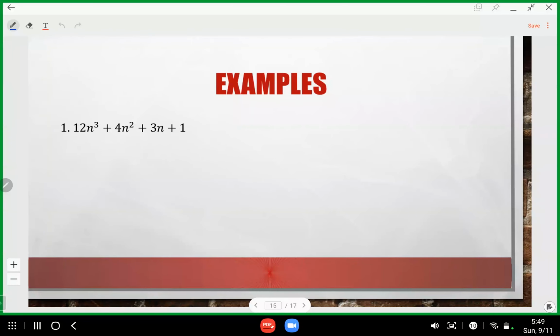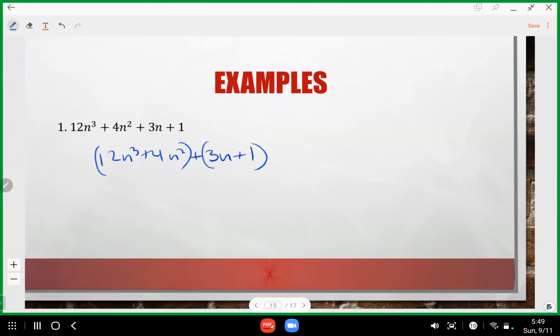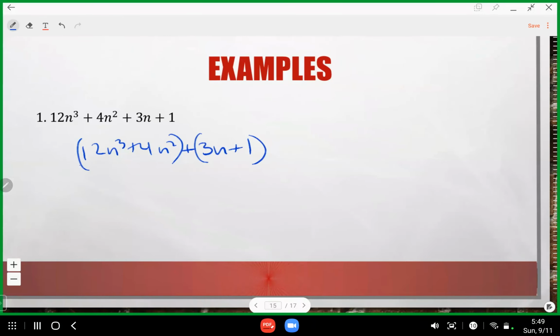So William, what do you need to group here? We need to group 12n to the power 3 plus 4n to the power 2 together, and then 3n plus 1 together. Very good. So what can you factor out of this first term?